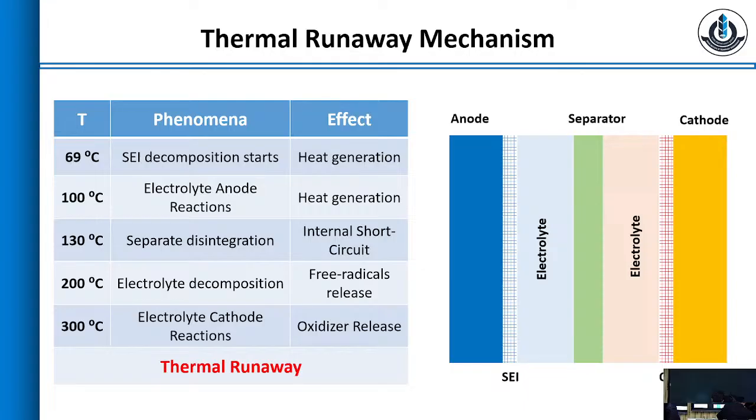Now if you look at the temperature, when you are charging or using the battery, there is current flow, and because of internal resistance, there could be localized heating in these batteries. Once your battery temperature reaches around 69 degrees Celsius, SEI decomposition starts. This protective layer that is initially formed starts to disintegrate.